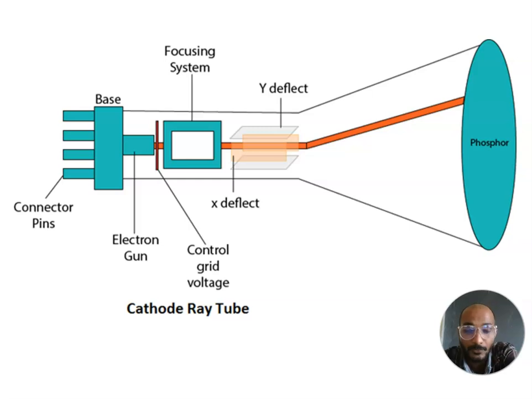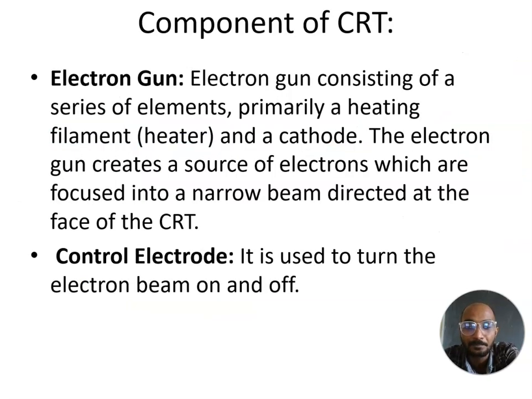For that problem, this focusing system is used so that the electrons do not move here and there, and stay in a fixed position. This focusing system is used to control the flow and the direction of electrons.